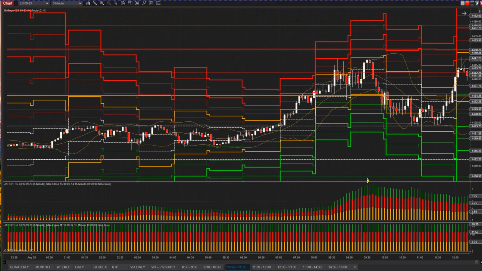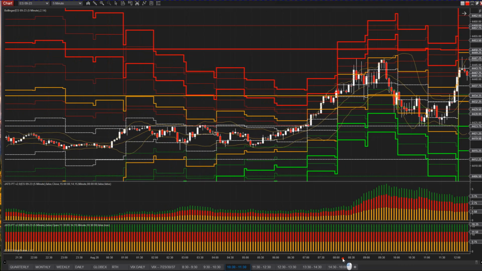So you can see this 24/7 range was expanding here, and we got this up and down price action. So that was very, very whippy before it turned around. NQ was a little easier to trade.